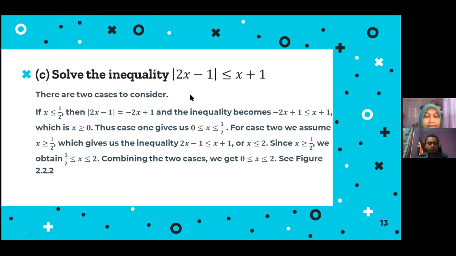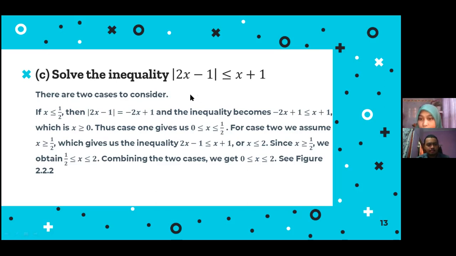If x is less than or equal to 1 over 2, then the absolute value of 2x minus 1 equals negative 2x plus 1, and the inequality becomes negative 2x plus 1 less than or equal to x plus 1, which is x greater than or equal to 0. This case 1 gives us 0 less than or equal to x less than or equal to 1 over 2.